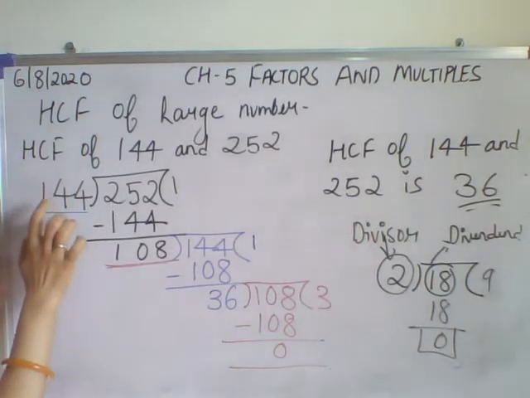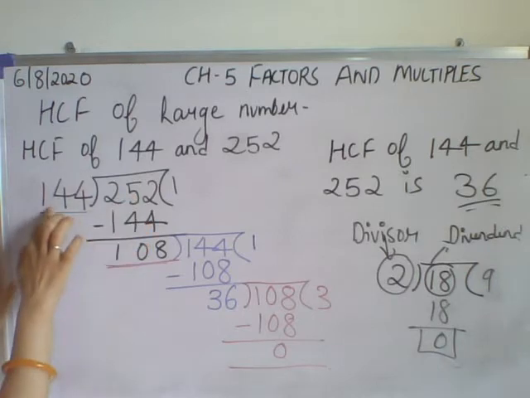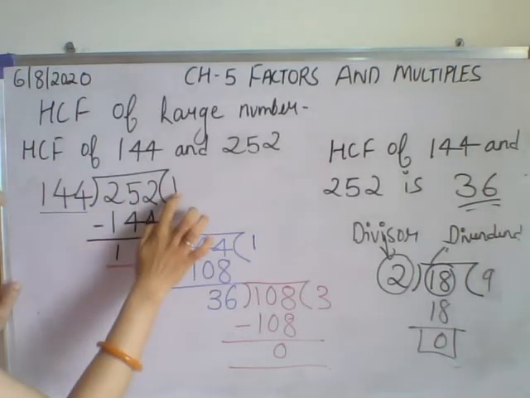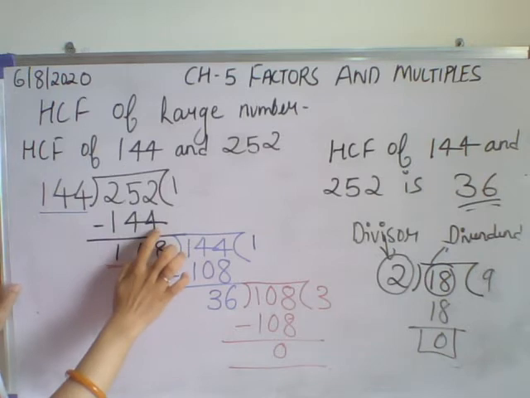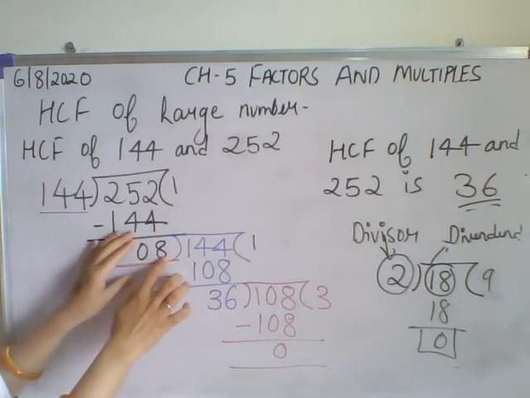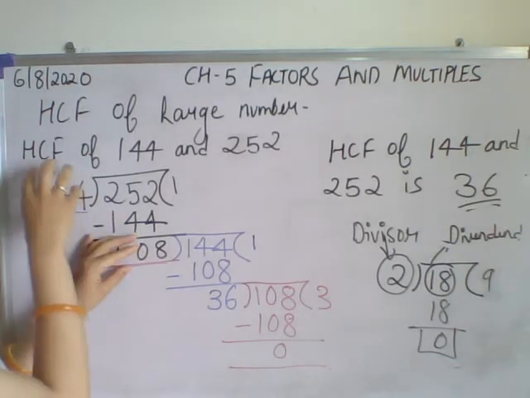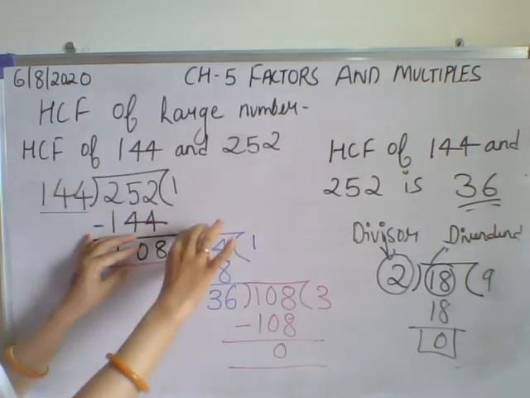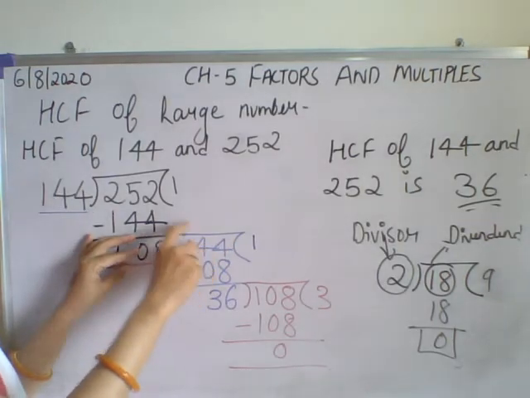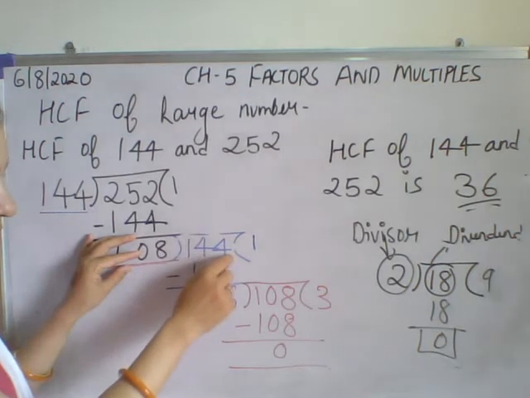Now you have to divide 252 by 144. So 144 ones are 144. Here the remainder is 108. Okay, now this remainder becomes the divisor, and this 144 you will be writing here in the bracket, it becomes the dividend.